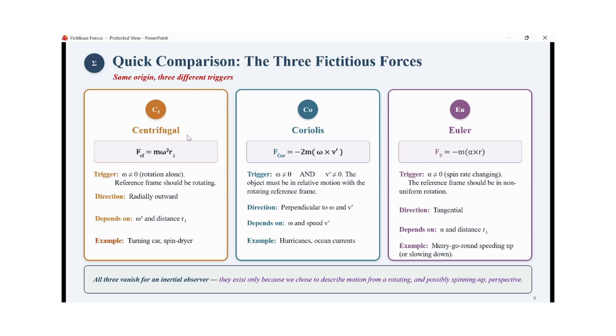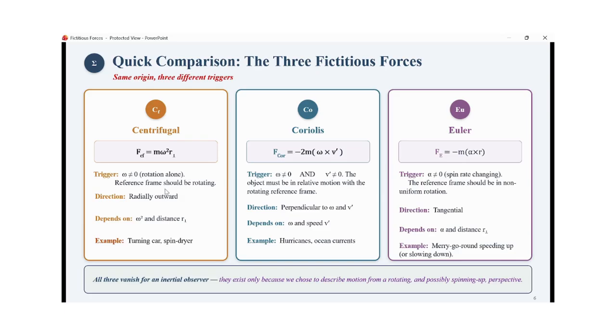The first type of force, that is the centrifugal force, is given by this relation. The magnitude of centrifugal force is given by this. The trigger is that omega is not equal to 0. Only if omega is not equal to 0 will this centrifugal force be present. No other requirement is there for the centrifugal force to exist.